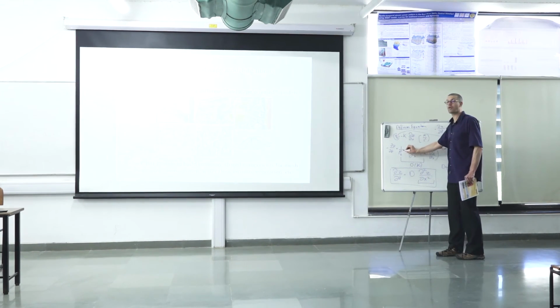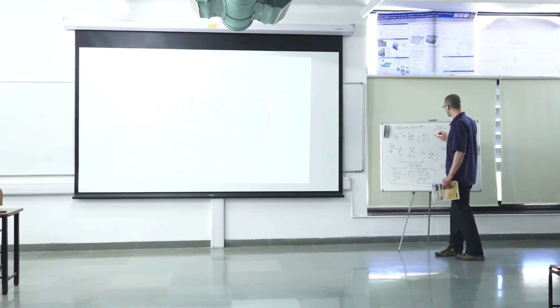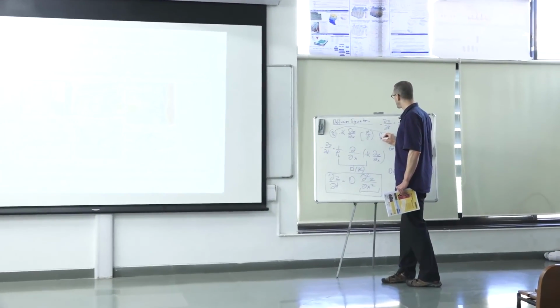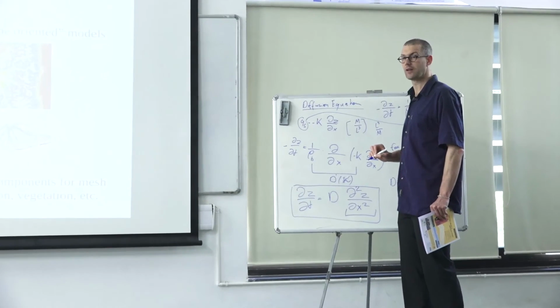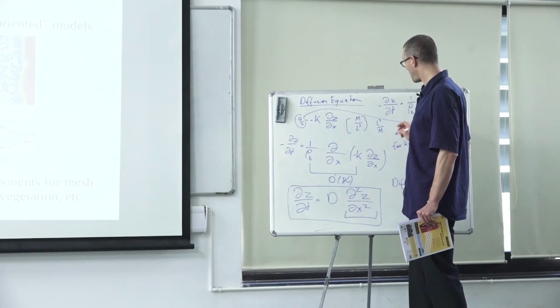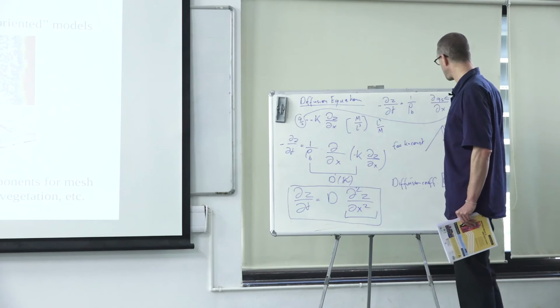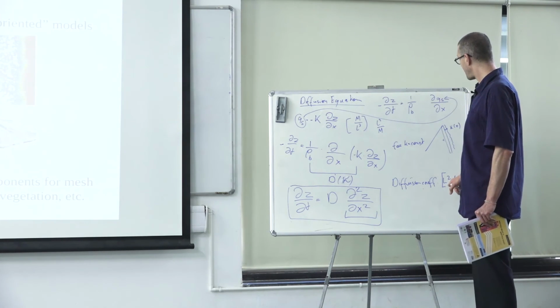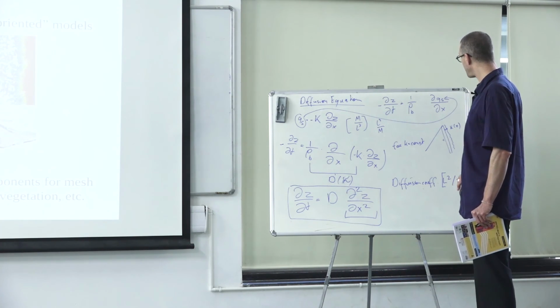And we have 1 over density, so this will be L3 over mass, right? And we know our diffusivity coefficient is L squared over time.